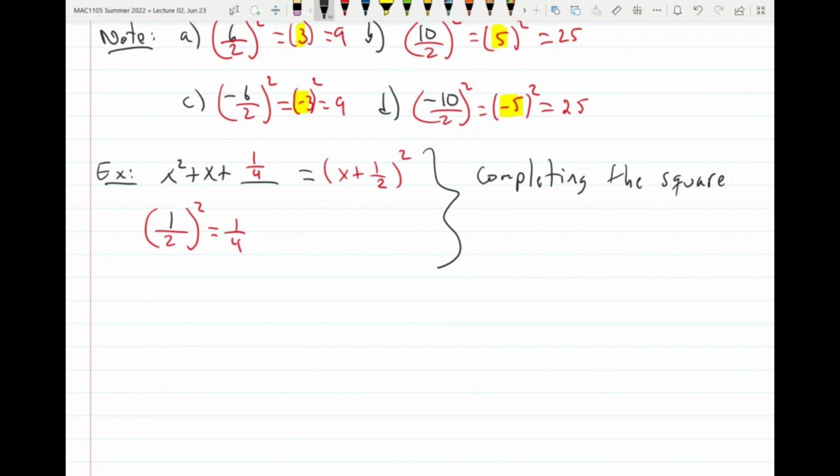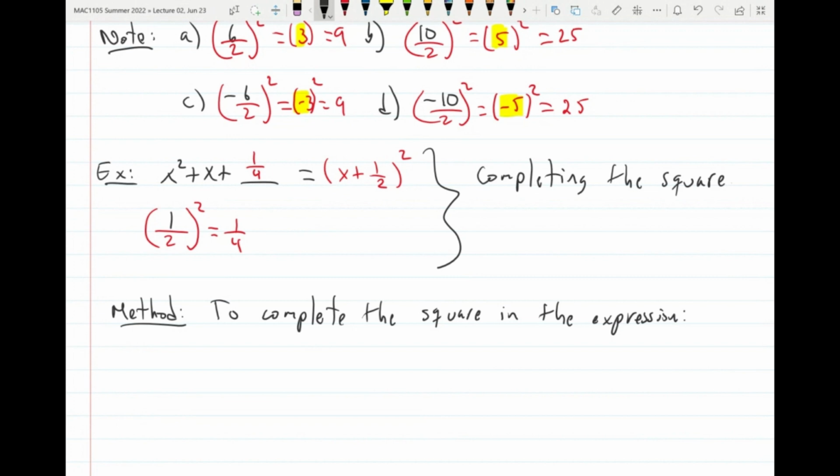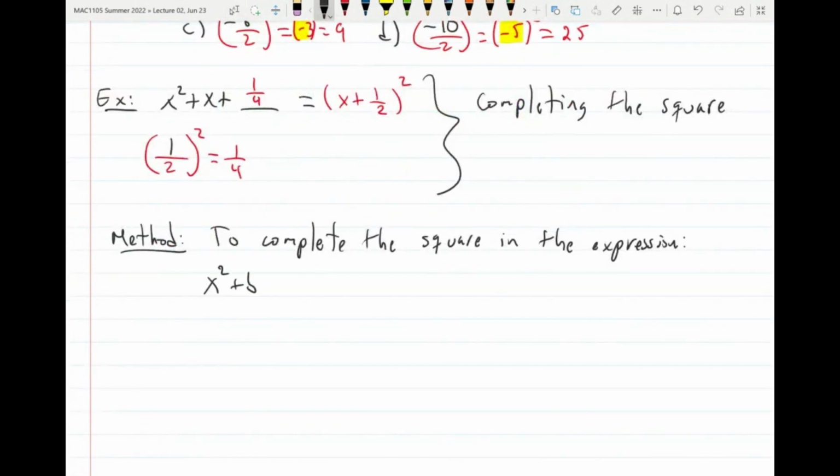Okay, and I guess the method is, so to complete the square in the expression x squared plus bx plus blank, what we do is we find or we add the quantity.